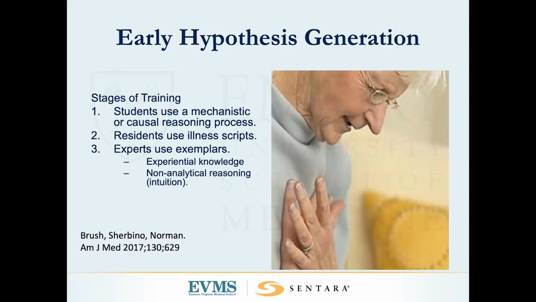But as students gain experience and then as they become residents, they start to use something called illness scripts, where they add to their mechanistic reasoning and their knowledge about the mechanisms of diseases.